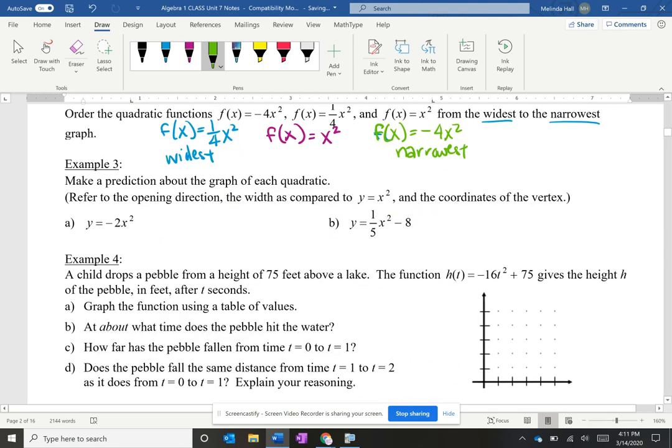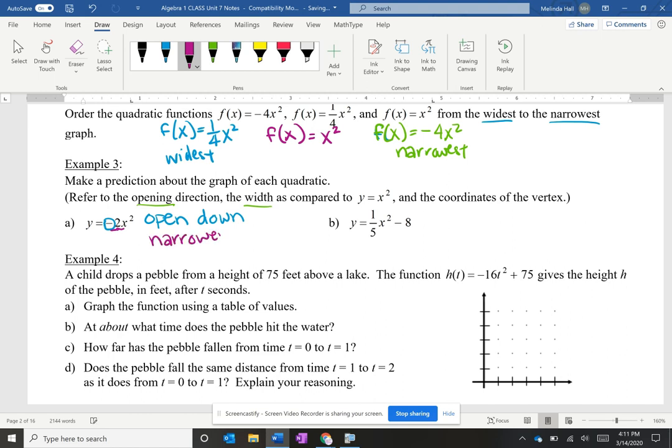So for example 3, making a prediction about the graph, thinking about how it's going to open and what its width is compared to the parent function x squared. With y equals -2x squared, because of this negative sign, that tells me that it's going to open down. And then because this number 2 is bigger than 1, I know it is going to be narrower than x squared.